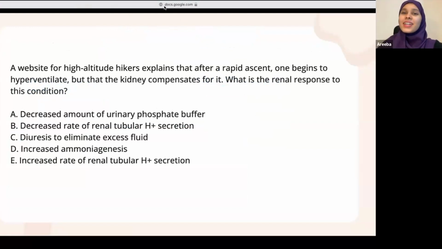Okay, so a website for high altitude hikers explains that after a rapid ascent, one begins to hyperventilate, but then the kidney compensates for it. What is the renal response to this condition?